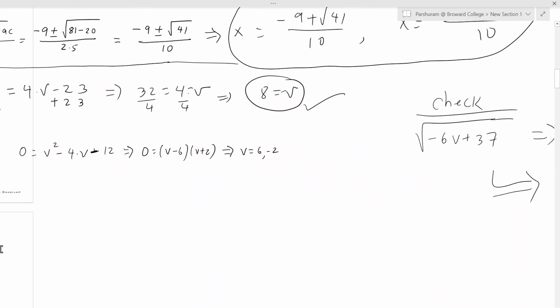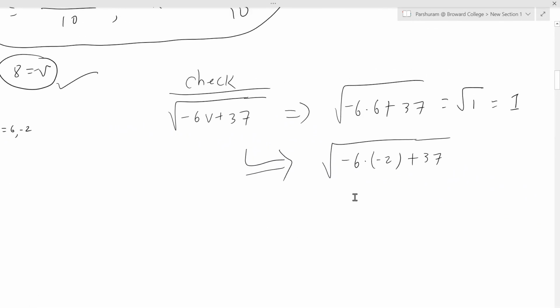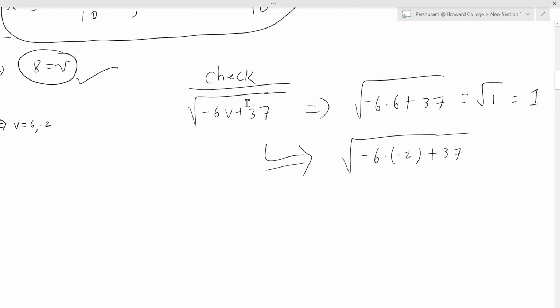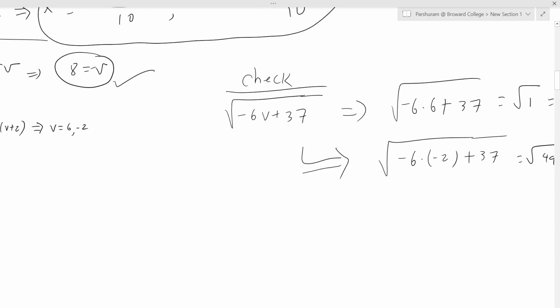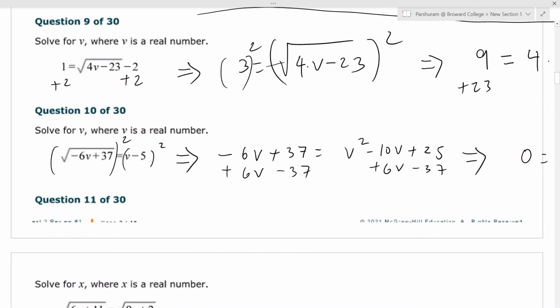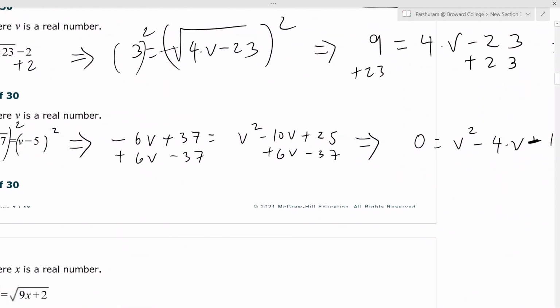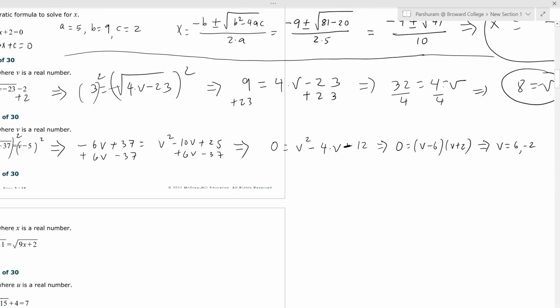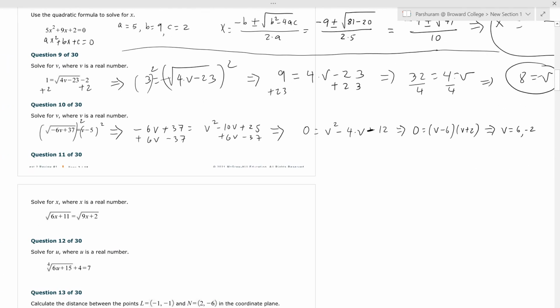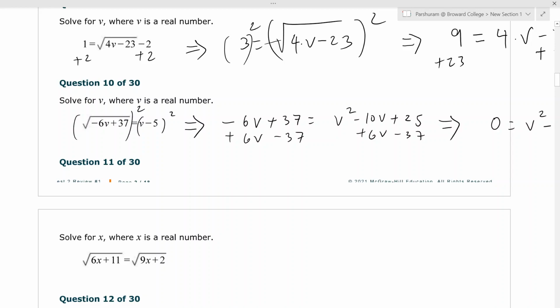So if I substitute v equals 6, I get 1 on the left side, and I need to put this value back in the given equation. The original equation is the square root of negative 6v plus 37 equals v minus 5. As you can see, by plugging v equals 6 on the left side, I got 1, and on the right side, 6 minus 5 is 1.